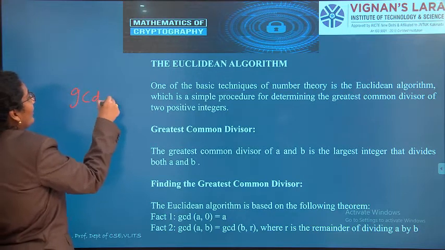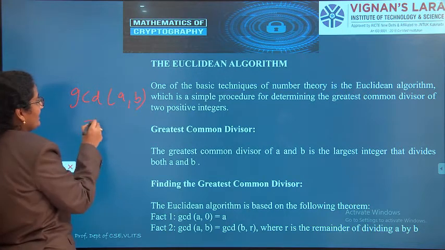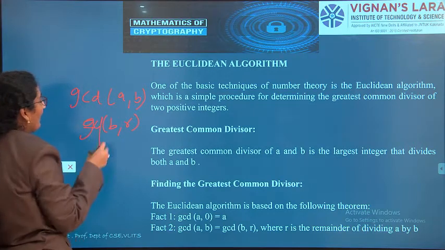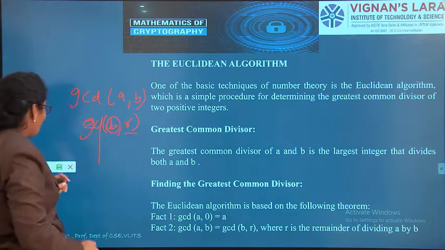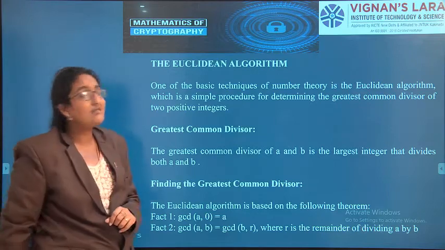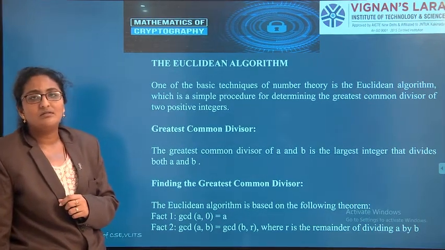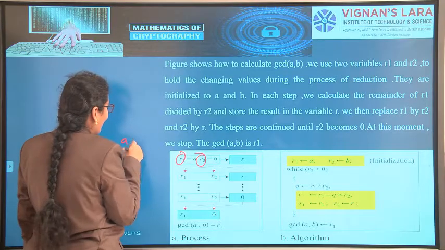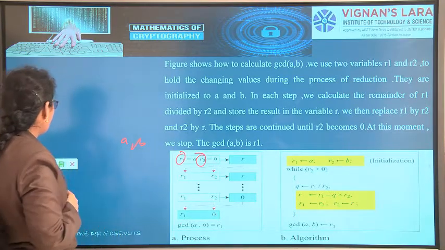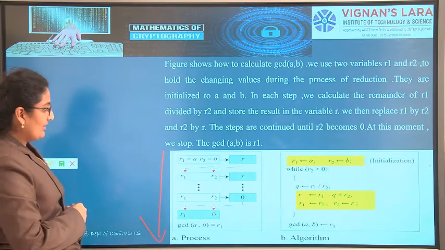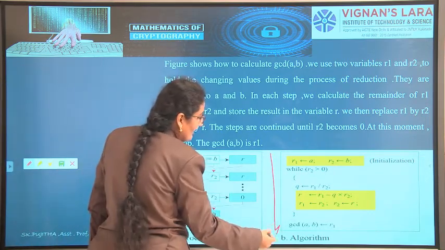If a, b are both positive integers, then GCD of a, b is GCD of b, r, where b is the second integer and r is the remainder. So this is the Euclidean algorithm. See, this is the process of the Euclidean algorithm.